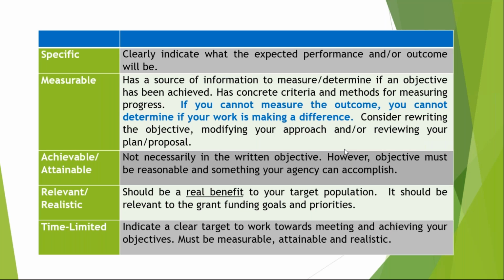When we talk about an objective being achievable, this is something you don't write in the objective, but when it's stated, as a reader, we know that it's reasonable and something your agency can accomplish. Now, as agencies, you're going to have to determine, is this outcome reasonable? Even if you write it down and put it out, you have to go back and look at things like, do we have the number of staff to do this?